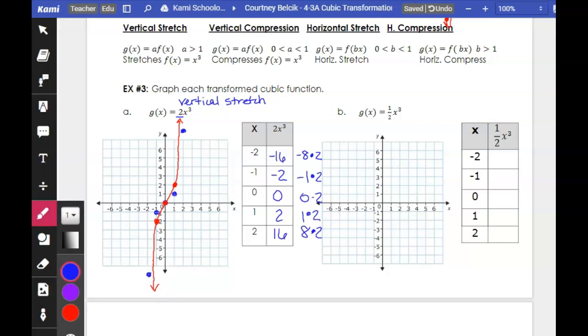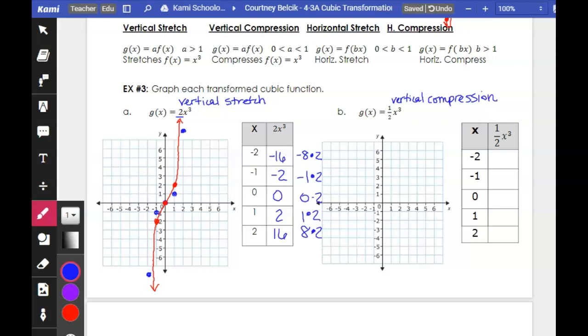Now the second problem, the 1/2 that's being multiplied is also not in parentheses, so it's not a horizontal change, it's vertical. Because it's a small number, between 0 and 1, we say it's a vertical compression. So it's almost as if your graph is going to vertically flatten a little bit.